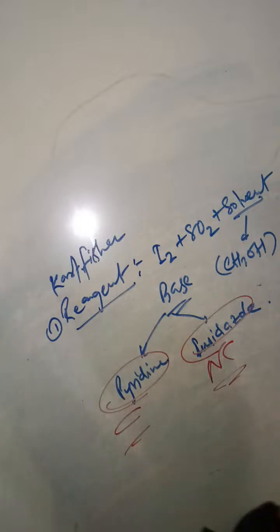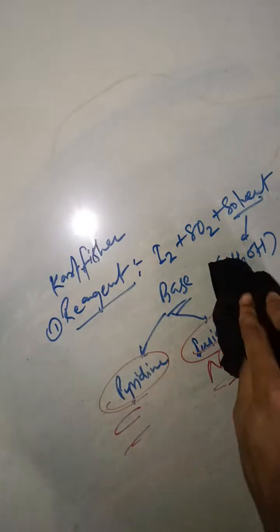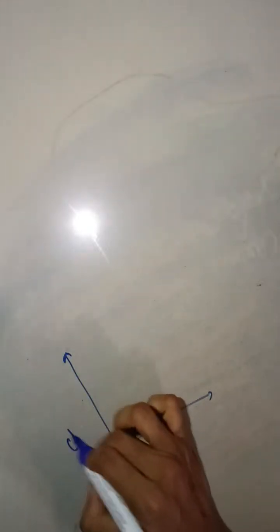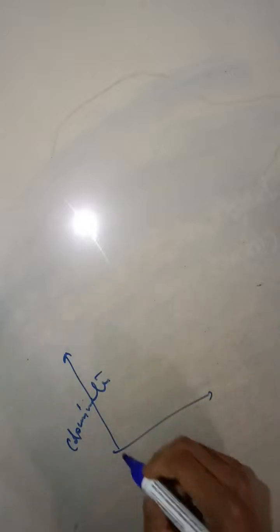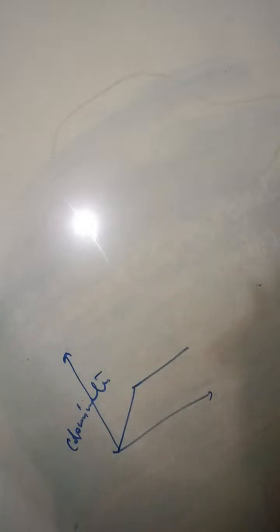Okay. Next point: in the Karl Fischer titration or colorimetry, what will happen and how will the graph be, and what are the main important points related to the graph that are asked in competitive exams. So the graph will be like this. In this, the number of water molecules and the drug-complexed molecule.